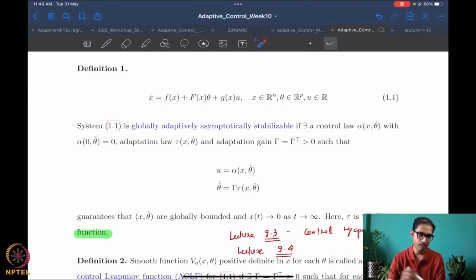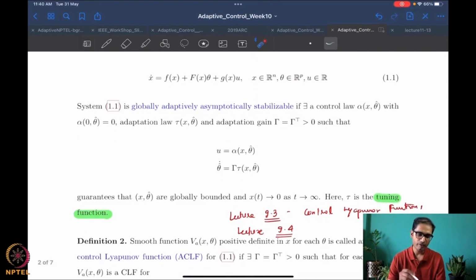A system of the form 1.1 is said to be globally adaptively asymptotically stabilizable if you can find a control law, that is a feedback law, which depends on the state and the parameter estimate, and also a tuning function tau, again depending on state and parameter estimate, and an adaptation gain, such that you have an adaptation law and a control law, and such that both x and theta hat are globally bounded, and x goes to 0 as t goes to infinity.